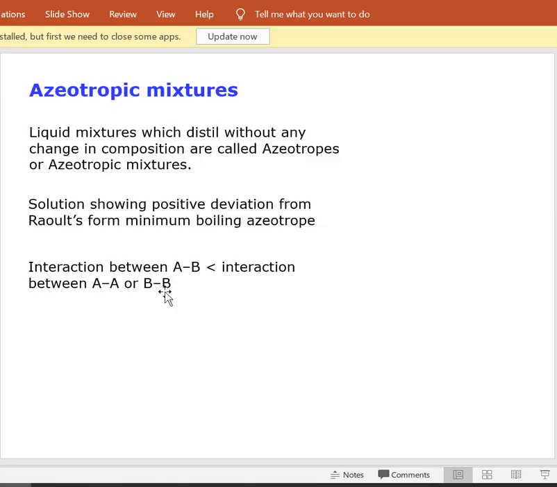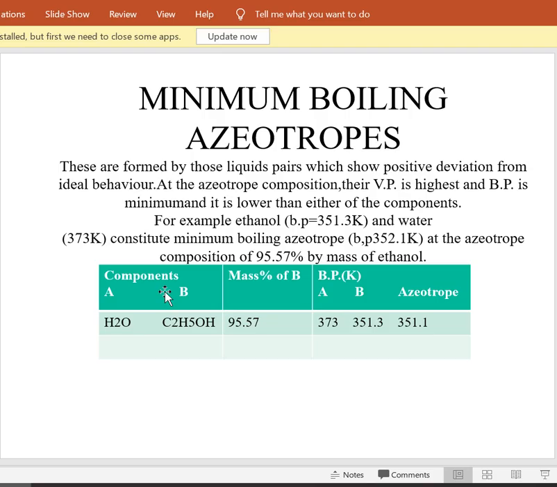So that is the positive deviation, giving minimum boiling azeotropes. Minimum boiling azeotropes are formed by those types of liquid pairs which show positive deviation from ideal behavior.